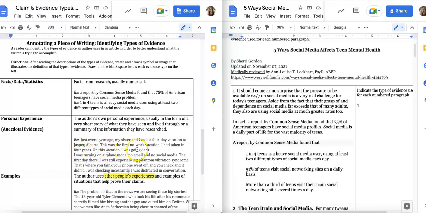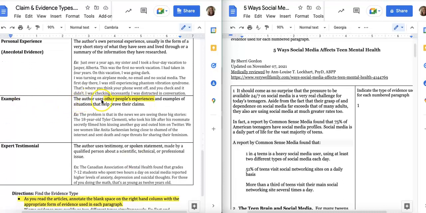On this vacation, I was going dark. I was turning on airplane mode, no email, no social media. The first day there, I was still experiencing phantom vibration syndrome. That's where you think your phone went off and you check it and it didn't. I was checking incessantly. I was distracted in conversation. If you remember, this example came from that TED Talk that we watched when she told a story at the very beginning. Okay?